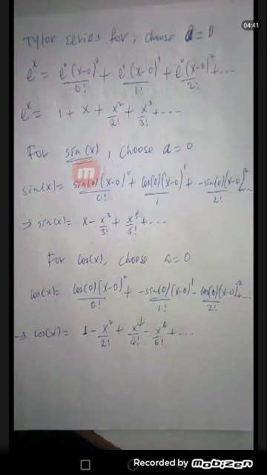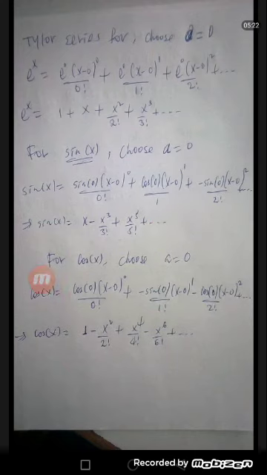The original function sin at 0 times (x minus 0) to the power of 0 over 0 factorial, plus cos, which is the first derivative of sin, so cos 0 times (x minus 0) to the power of 1 over 1 factorial, plus the second derivative of sine, which is minus sine, so substitute 0, times (x minus 0) squared over 2 factorial, and so on. So sin x is equal to x minus x cubed over 3 factorial plus x to the power of 5 over 5 factorial minus x to the power of 7 over 7 factorial.